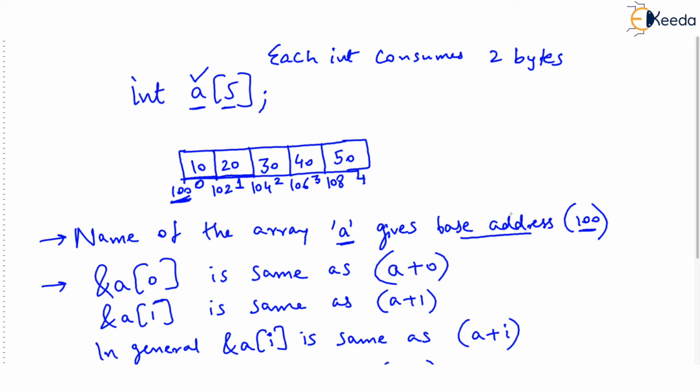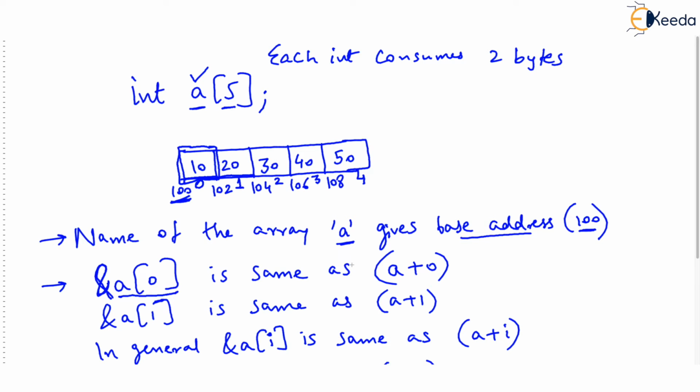Some more notations that we saw in the previous videos: suppose you want the address of the 0th element, that is 10. Where is it stored? What is the address of this? Then one way is to write the ampersand symbol, which is the address operator, and then say whose address you want. You want the address of A0.